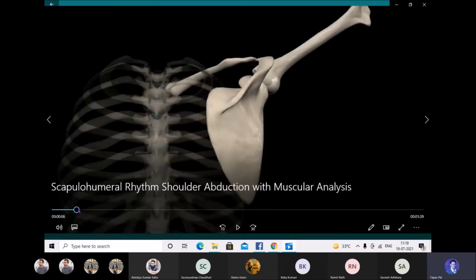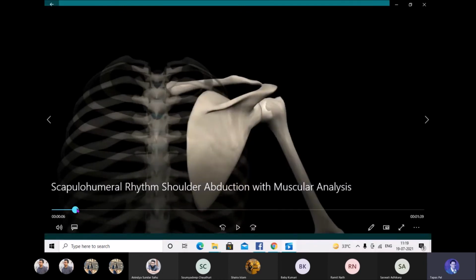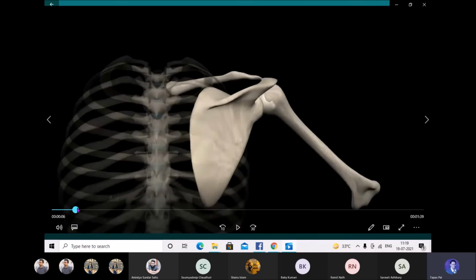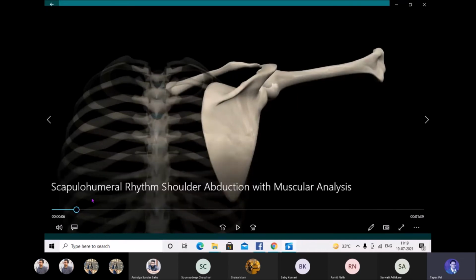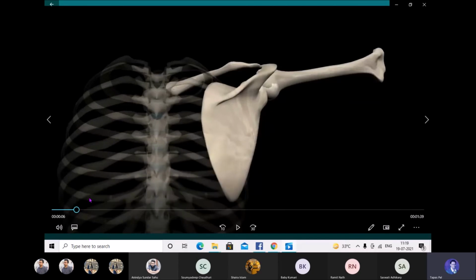Now if I go slowly, this is done by the deltoid middle fiber. Now from 90 to 110, again it is a combination of the supraspinatus with other muscles. And the patient used to come and tell, "Sir, I am having a tremendous pain in this particular region."